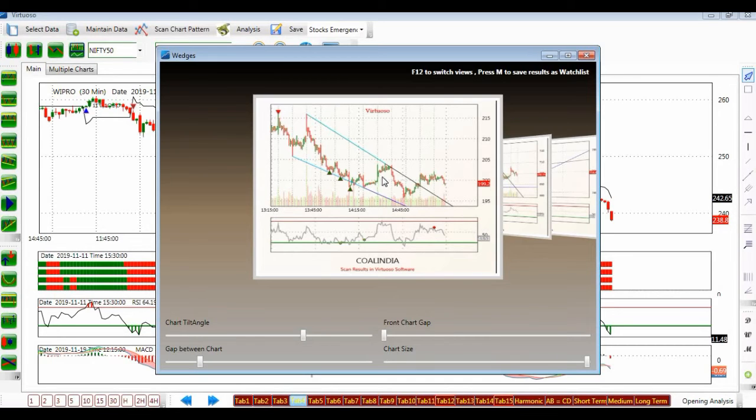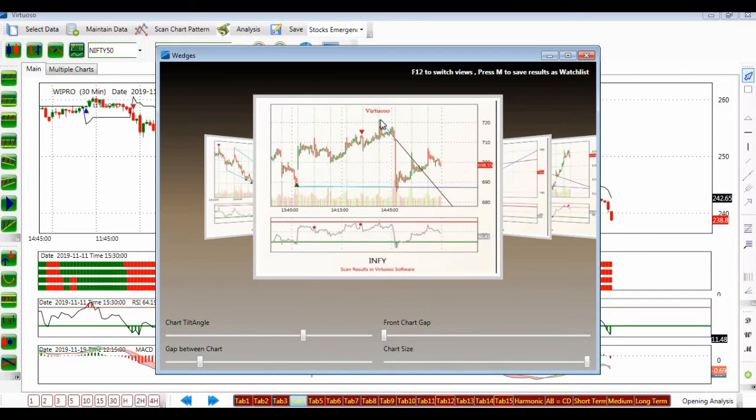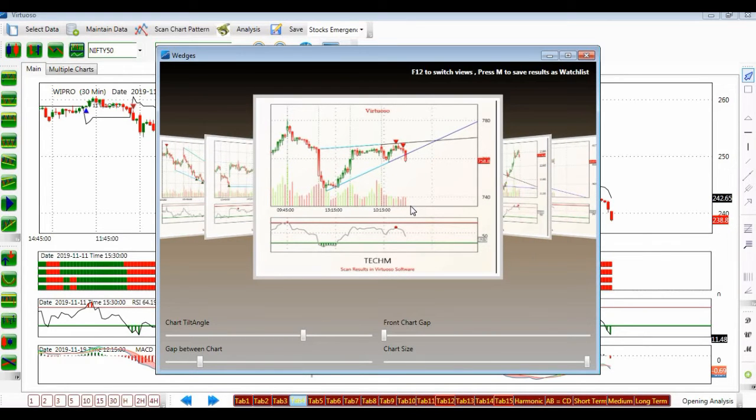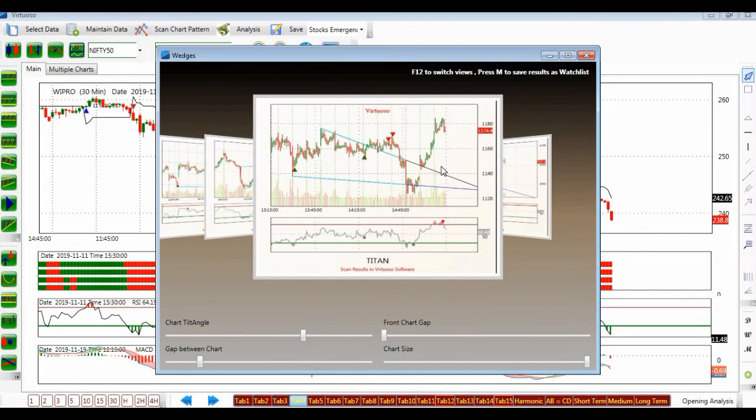The market is actually in fall, and suddenly it breaks the momentum. If you go for Infy, then this is the falling wedge for it. If you go for Tech Mahindra, these are rising wedges for it. These are for falling wedges.